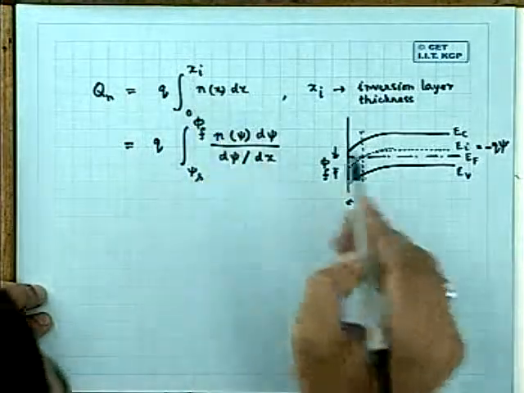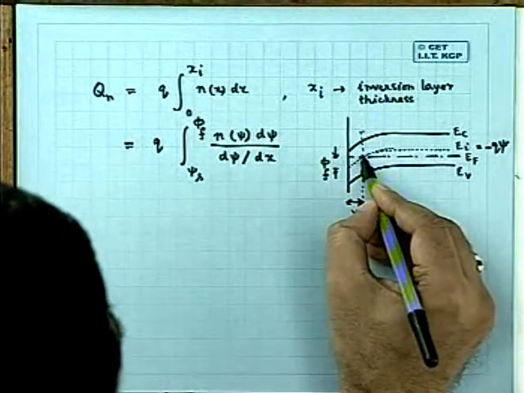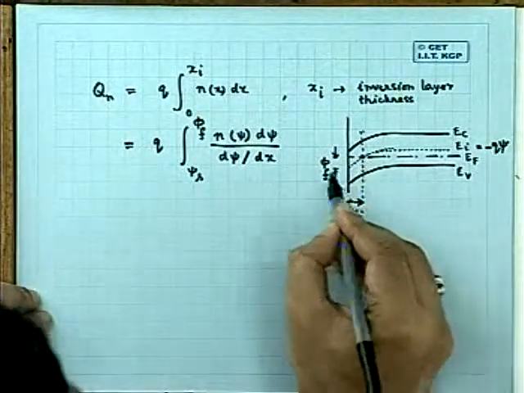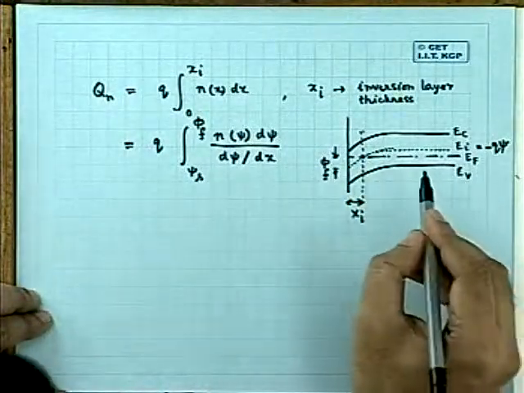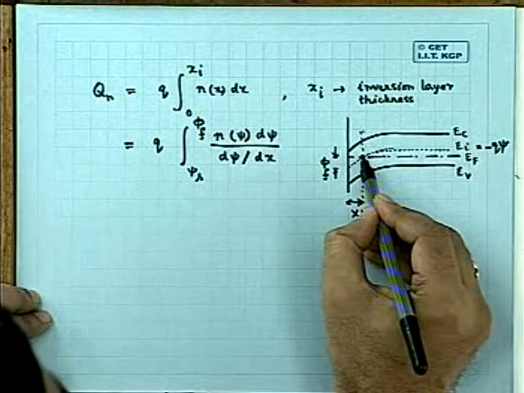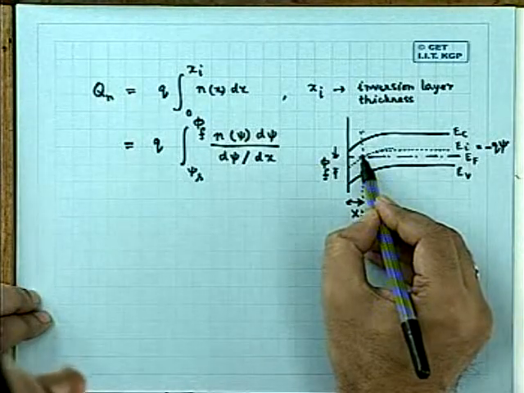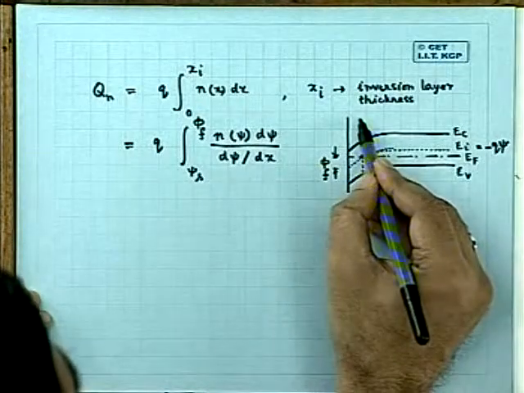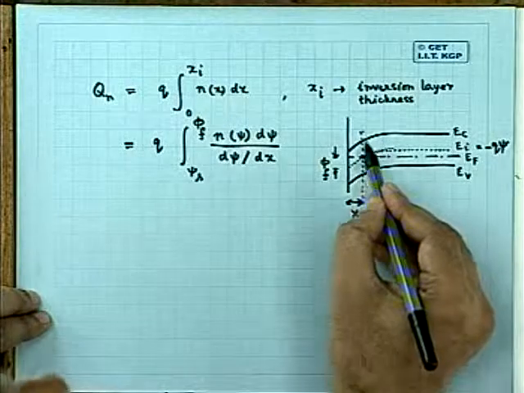And x equal to xi is defining this point in the bulk where the Fermi level crosses the intrinsic Fermi level. That means this line is the intrinsic level line.